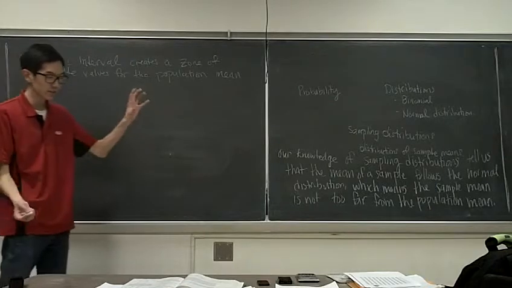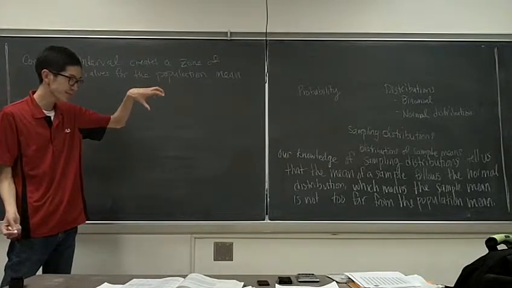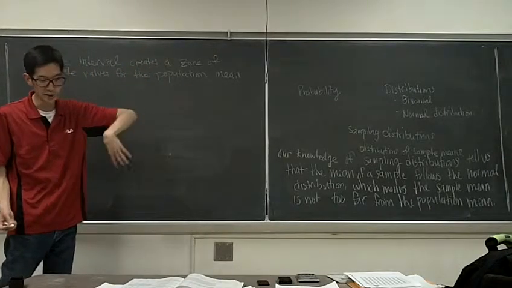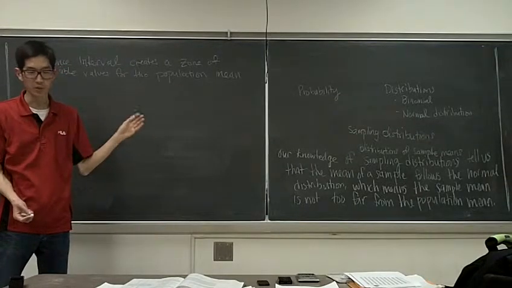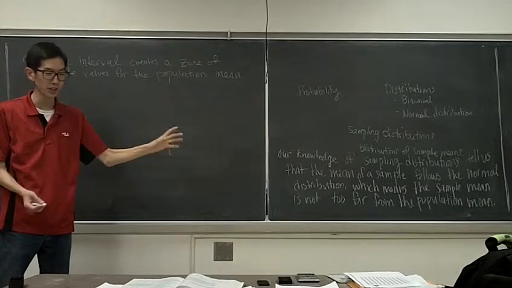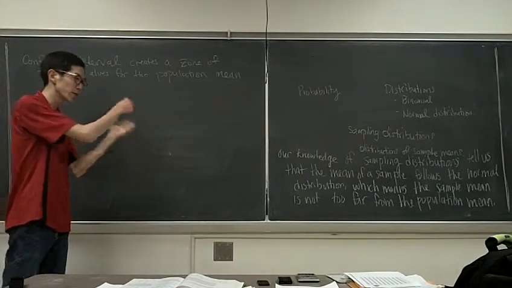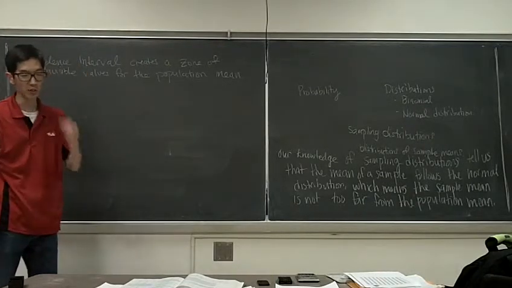With a few caveats, of using S rather than sigma, because the population standard deviation is unknown to us, so we use this sample standard deviation, and that means we had to adapt from the normal distribution to the t distribution.